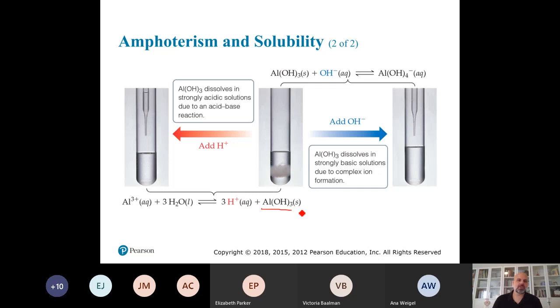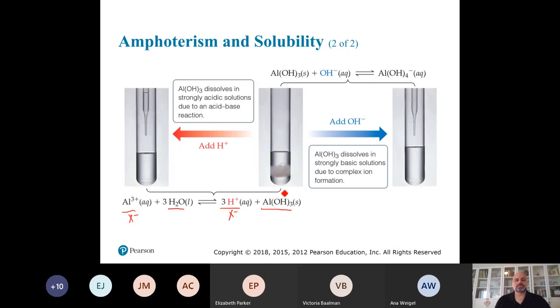If we take aluminum hydroxide and we react aluminum hydroxide with protons with an acidic solution, the protons are going to react with the hydroxides to give us water, and we're going to have aluminum as a 3+ ion floating around in solution with whatever X minus is the counter ion here, floating around in solution next to the aluminum ion, right?